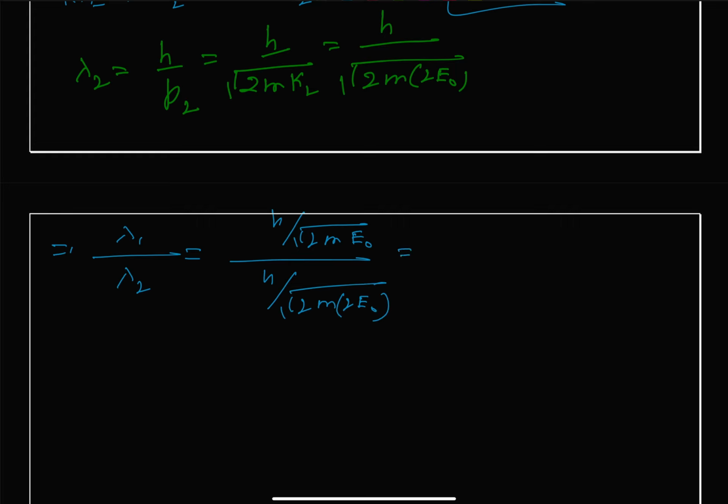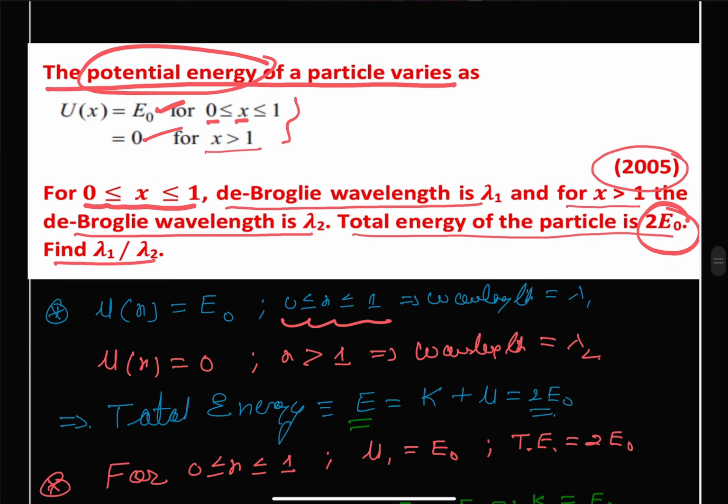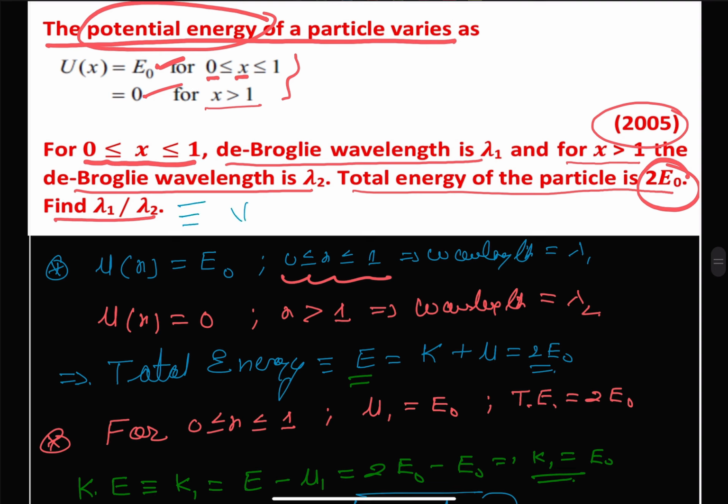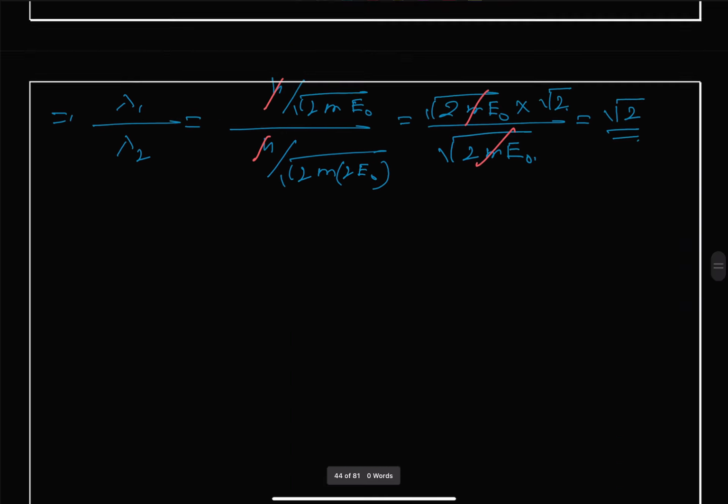And h and h cancel out, and we are left with square root of twice m E naught multiplied by square root of 2 and divided by square root of twice m E naught. These two terms cancel out, so we get the ratio is equal to square root of 2. Next question.